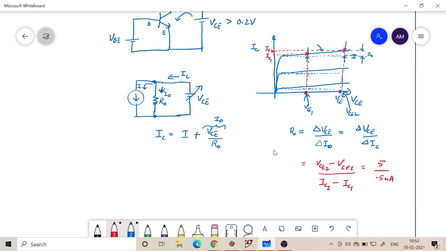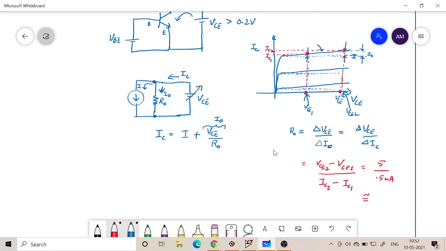You take 2 points which are 5 volt apart, and then the change in current, say from 1 to 1.5, the difference is going to be 0.5 milliampere.